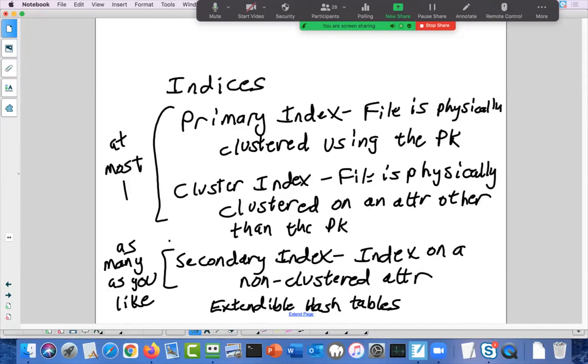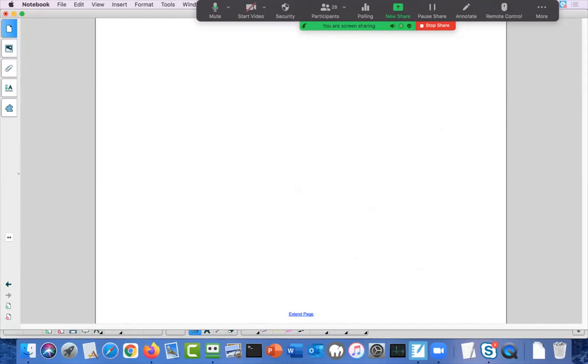Okay, and then the book also made a distinction between a sparse index and a dense index. And this only applies to clustered files.